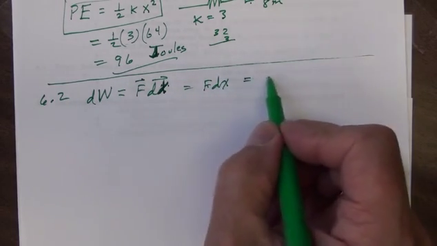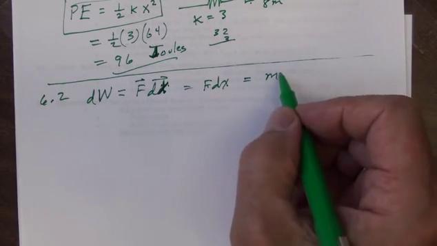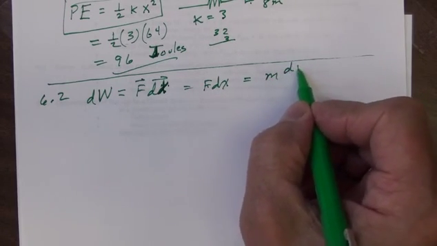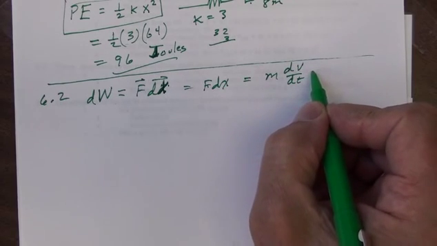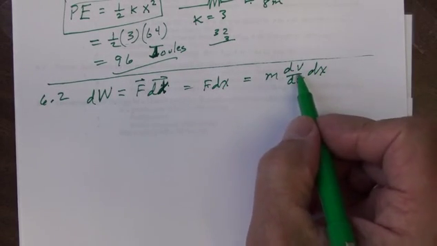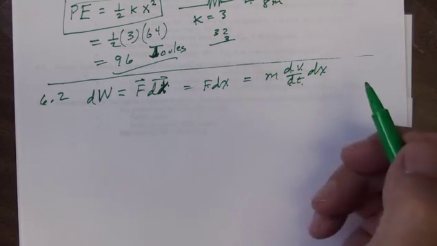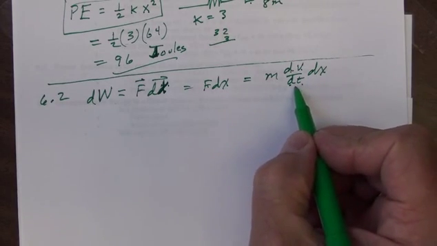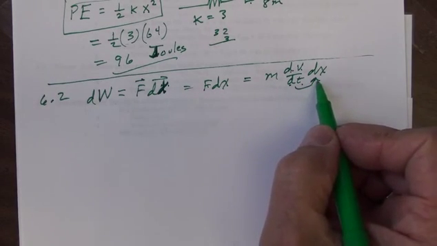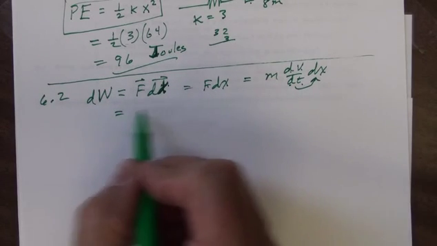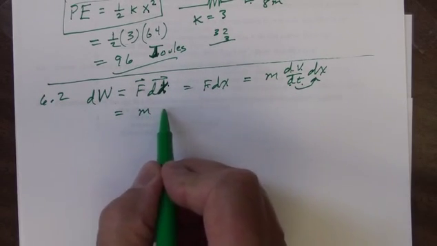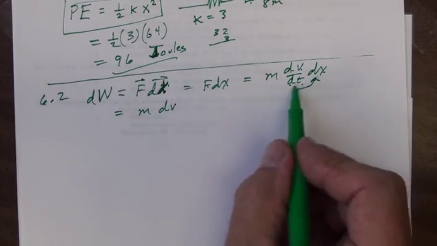It's mass times acceleration. I'm going to write that as m dv/dt times dx, because we know acceleration is change in velocity over change in time. Now I'm going to divide dx by dt, and I end up with the change in work is m dv dx/dt.